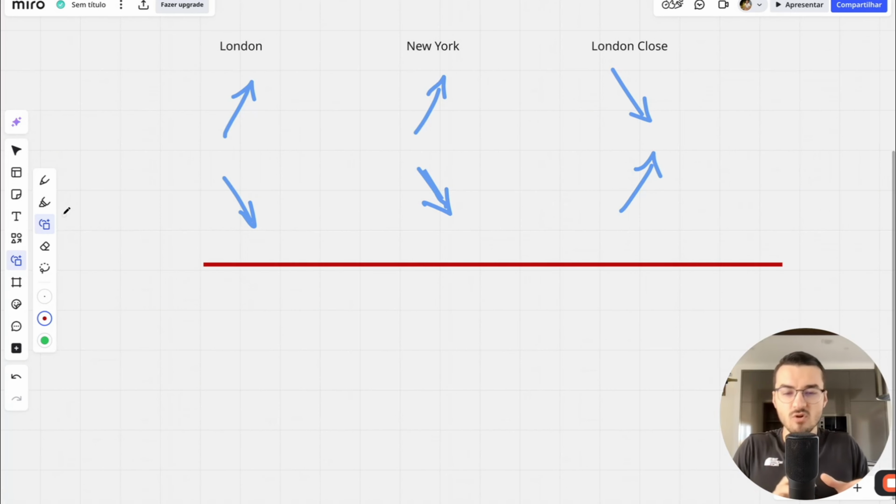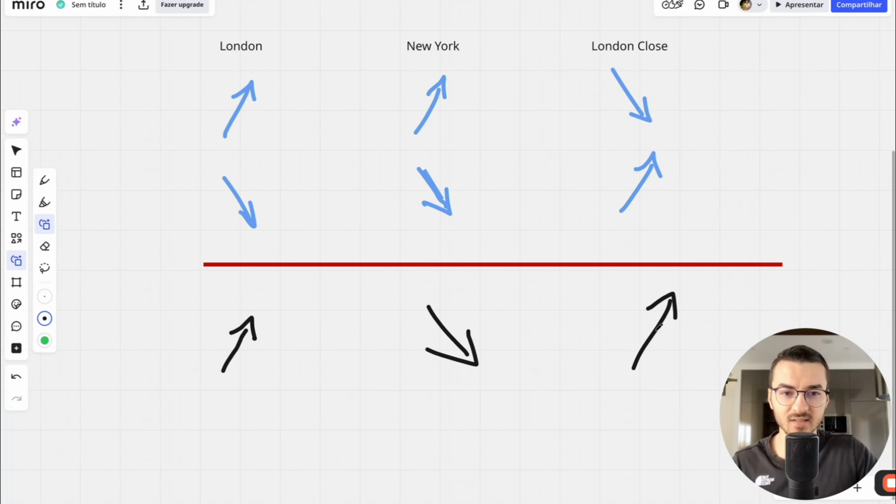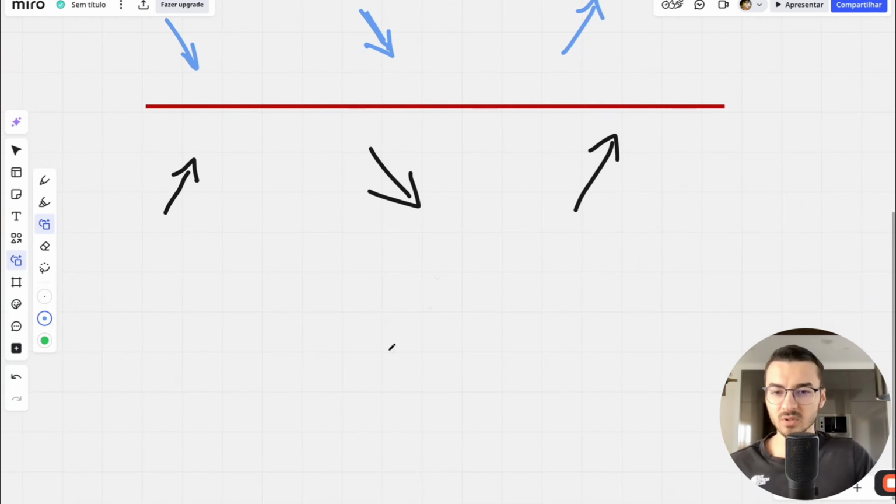But you can still have another case of London and New York being different to each other, and you can still apply this concept to it. Let me show you. So let's say that in this case, you'd have London bullish, New York bearish, while London close will just imitate London in order to retrace the move of New York. To put it in simple terms, let's imagine our London session is bullish.